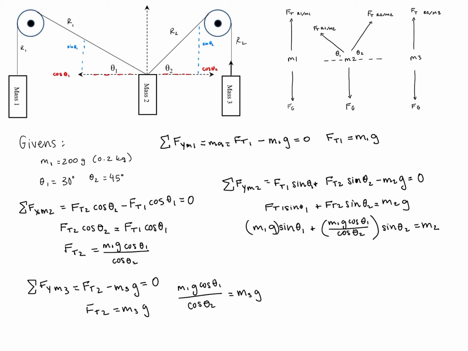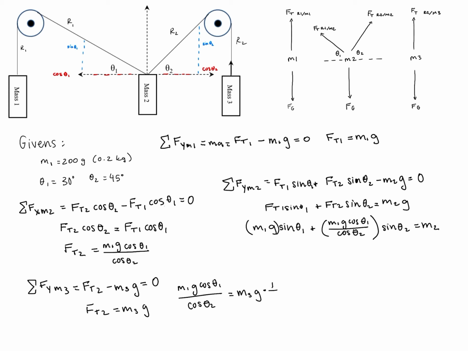But we need to be able to divide g on both sides. An easier way for me to think about it is when you divide, you're also just multiplying by the reciprocal.